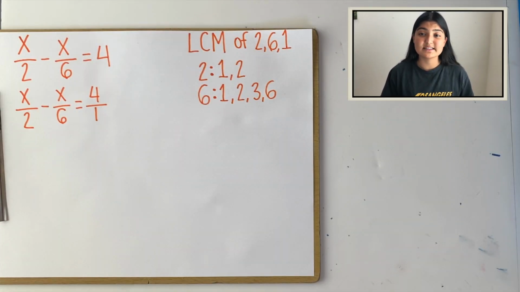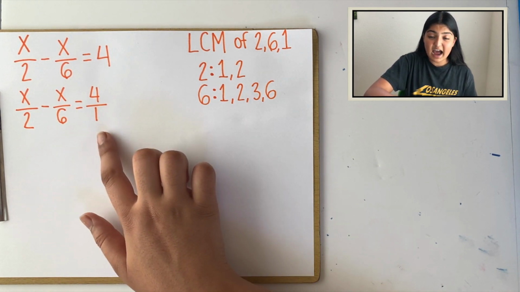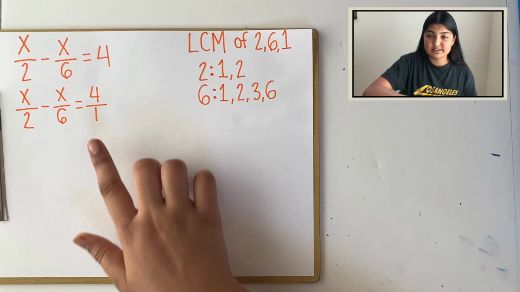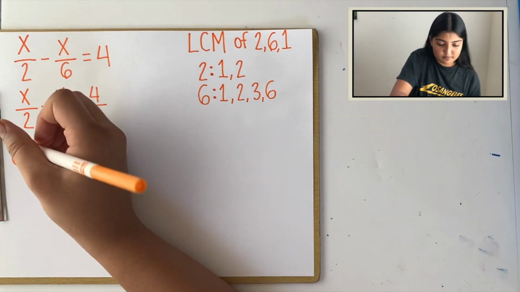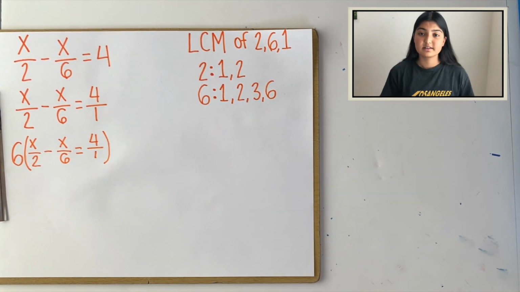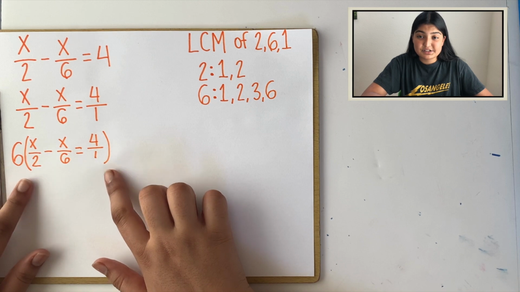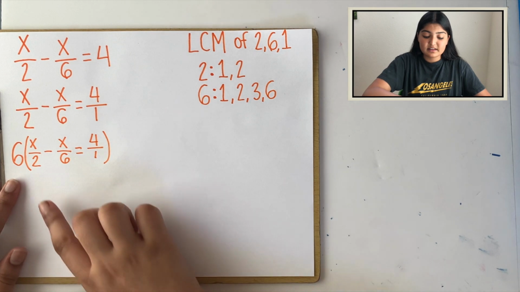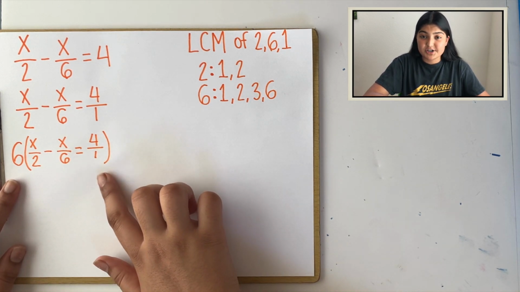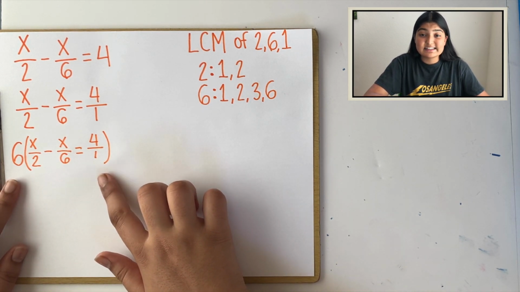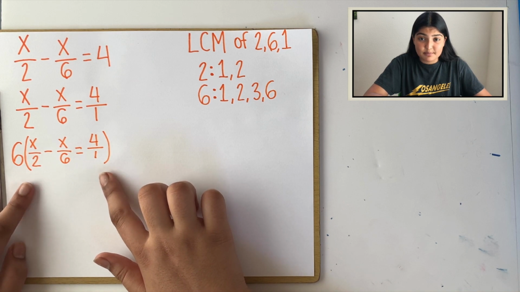Now that we've found the least common multiple, we can multiply it to the entire equation. So let's do that. Notice what I did here. I used parentheses to show that we are multiplying 6 to the entire equation. This is an extremely important step.